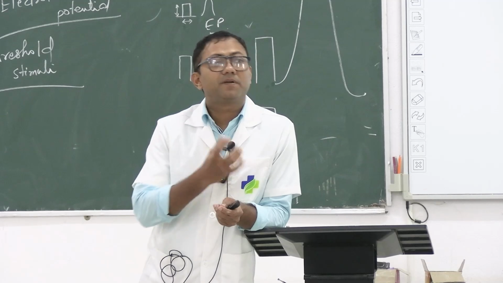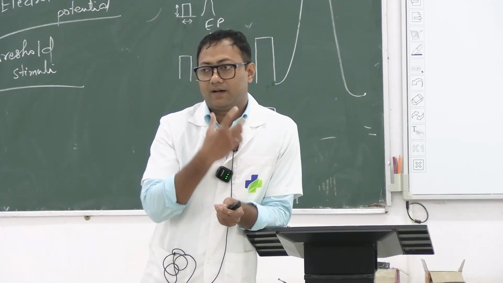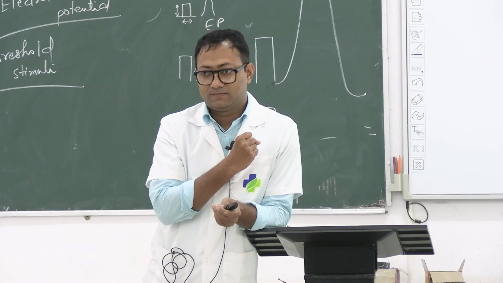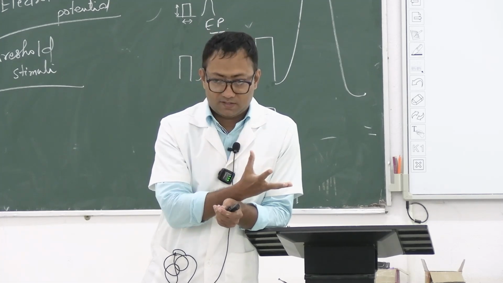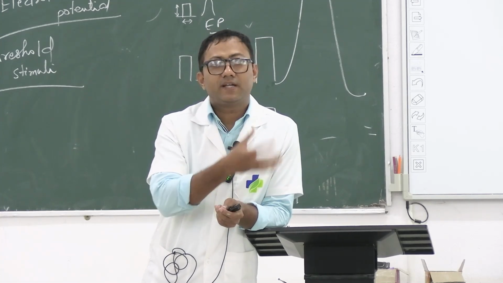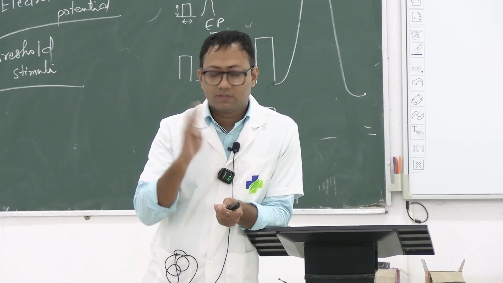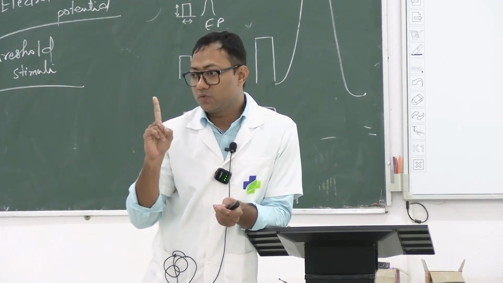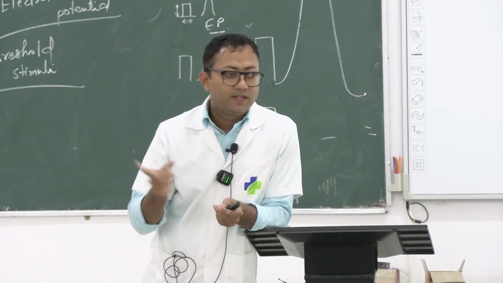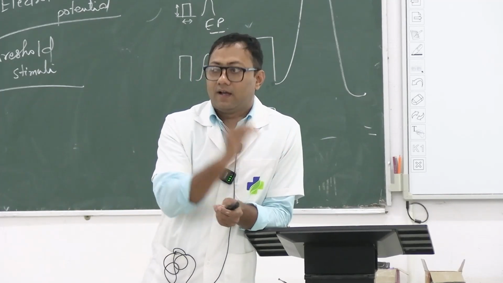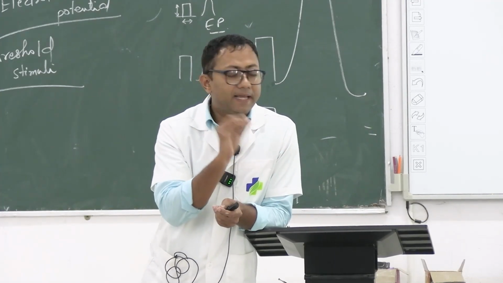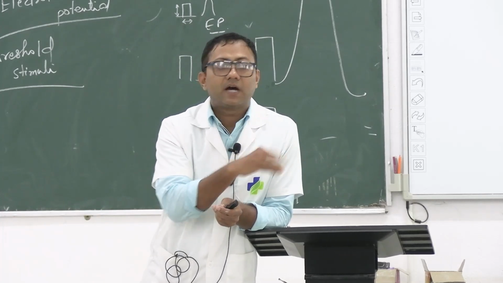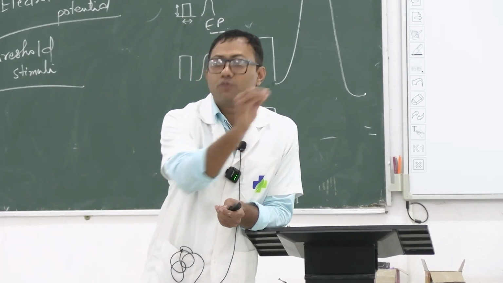Here I had given the charge, I have given stimulus. This is why now the plate has 4 coulomb. One rasgulla is 1 coulomb. Initially it was 2, now it is 4 because I kept 2 more.